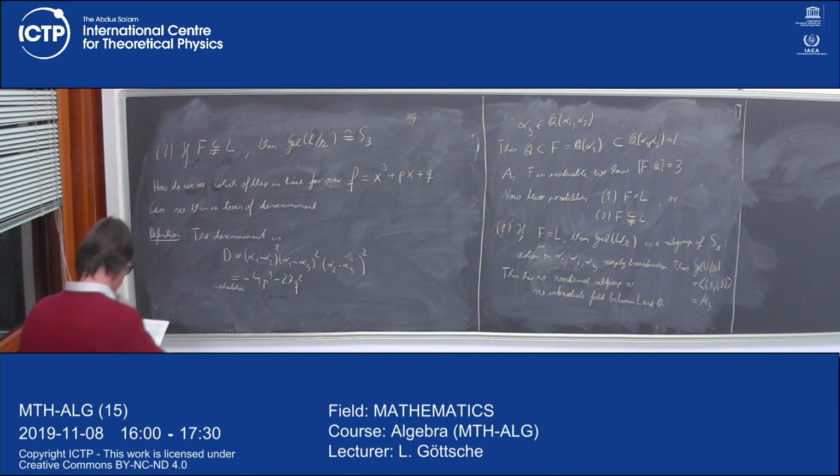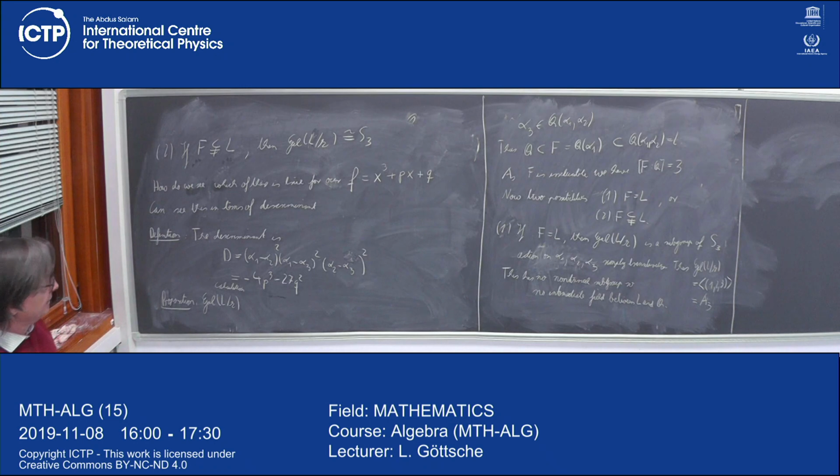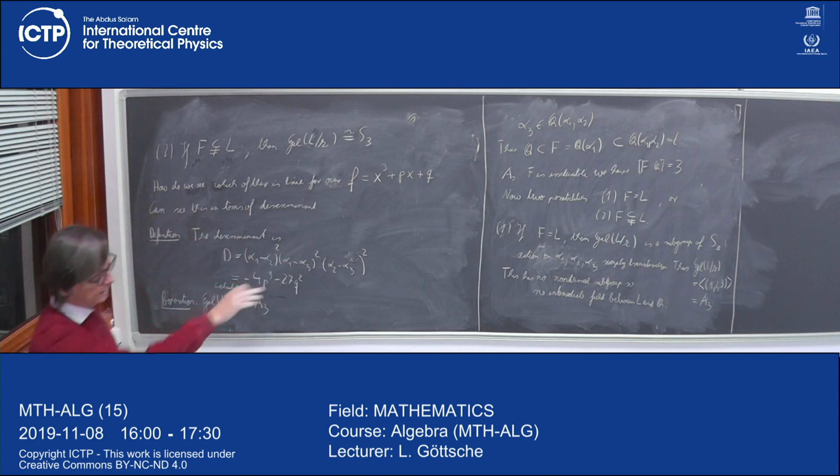And now the claim is, the Galois group of my field extension L over K given by f is contained in A3, which is our situation here.